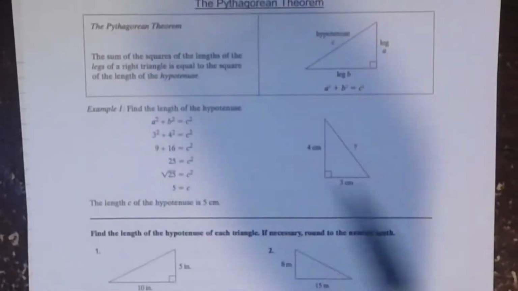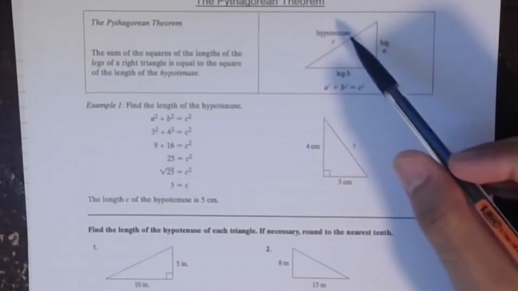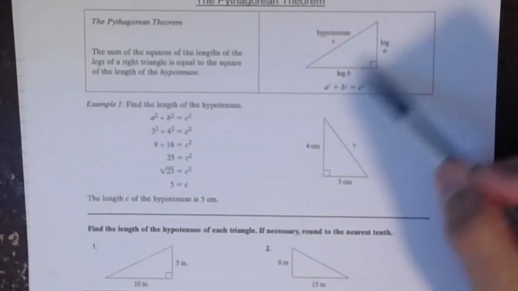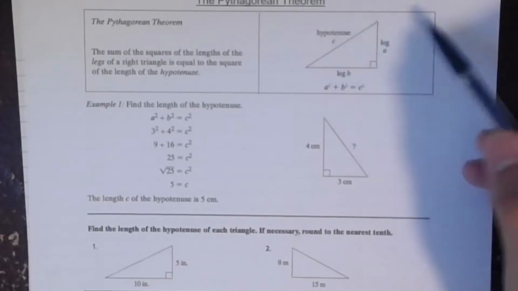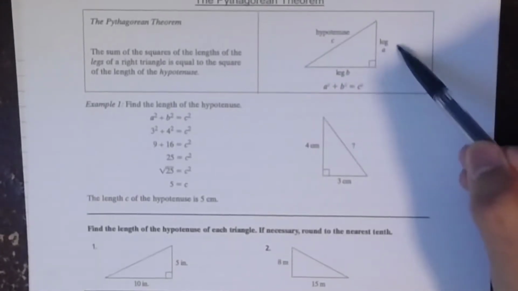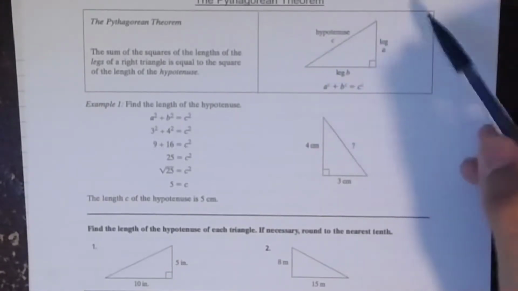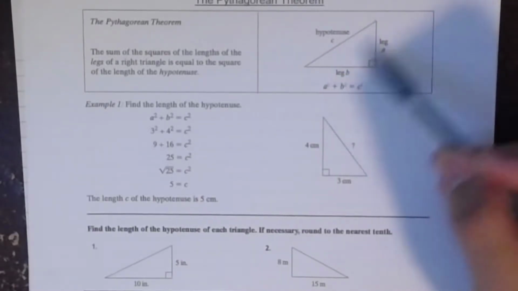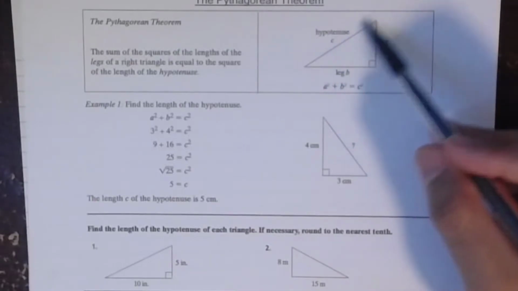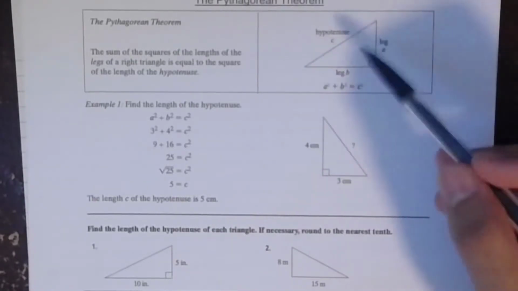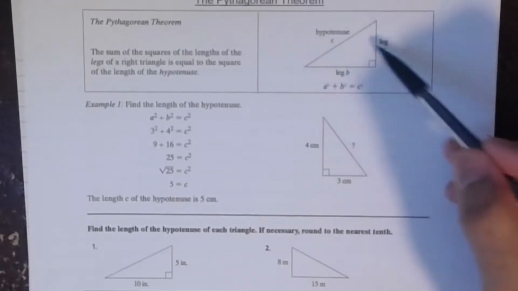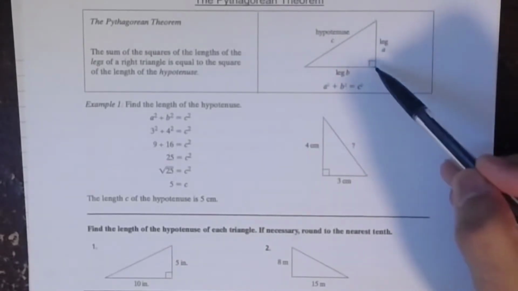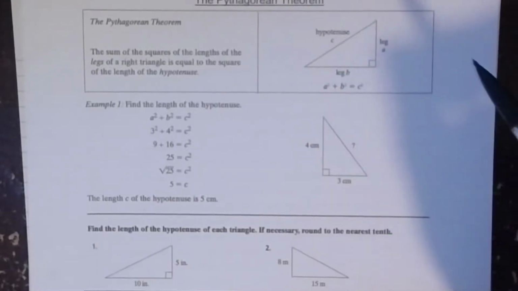There are two legs and a hypotenuse in a right triangle, and a and b could be either leg. This could be a, this can be b, it doesn't matter. It's still the same. You square the legs, and it will equal the hypotenuse, which is the longest side of the triangle, directly across from the right angle.